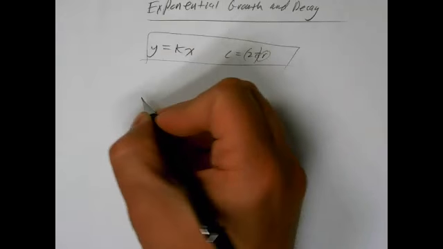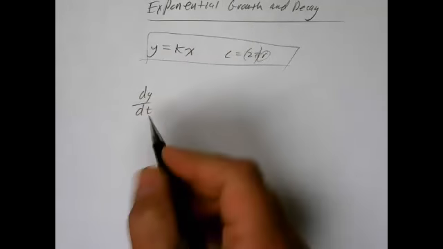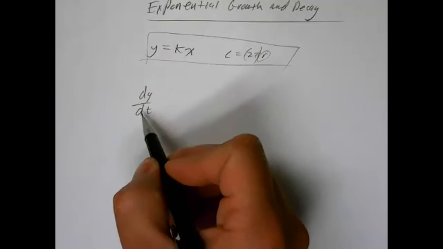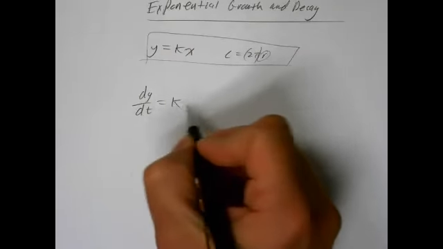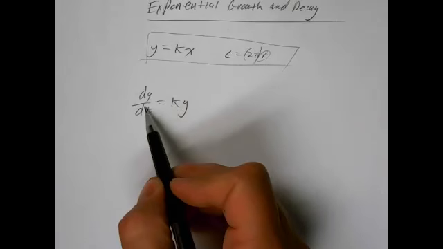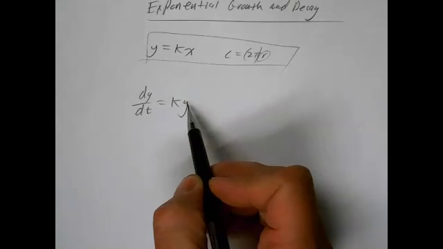The equation is dy/dt, which again expresses rate of change at any particular time, equal to a constant times not an x, but a y, because again, the rate of change is directly proportional, k times the current amount, the current population.